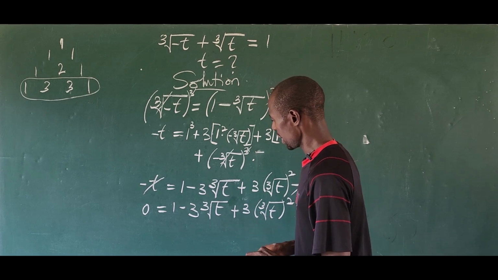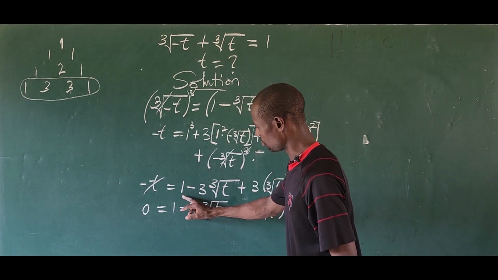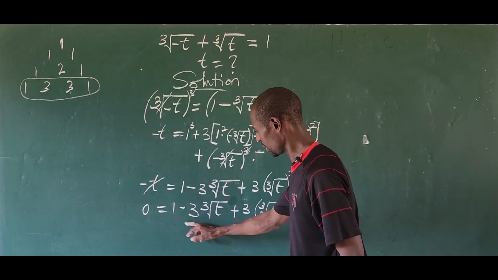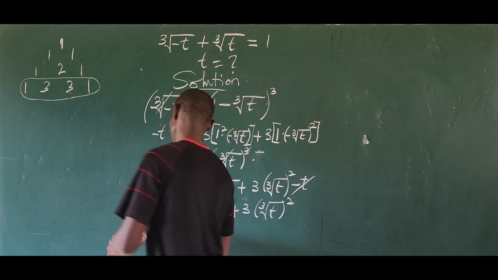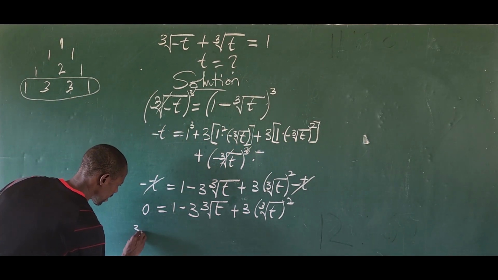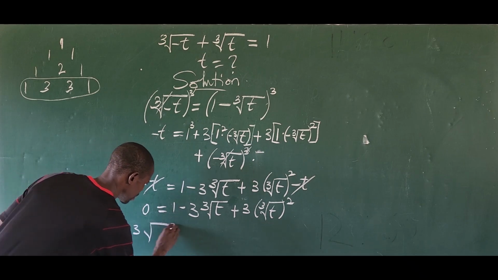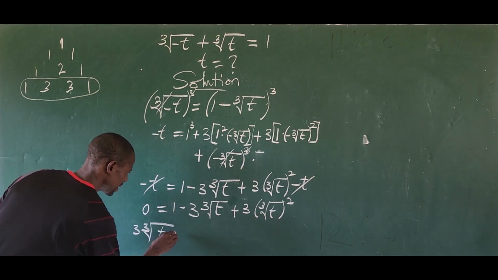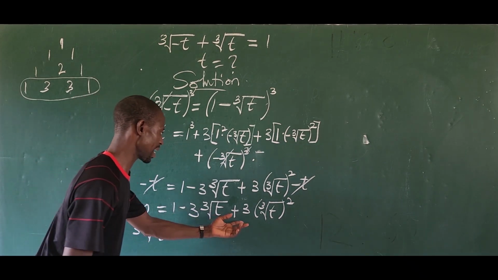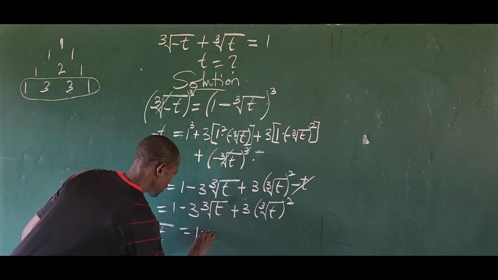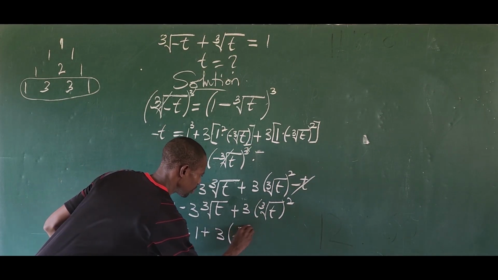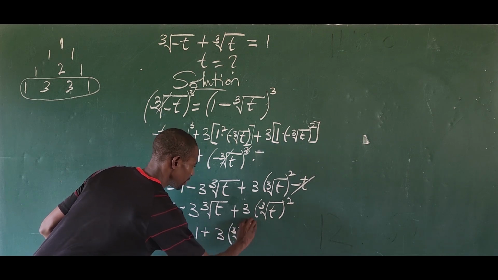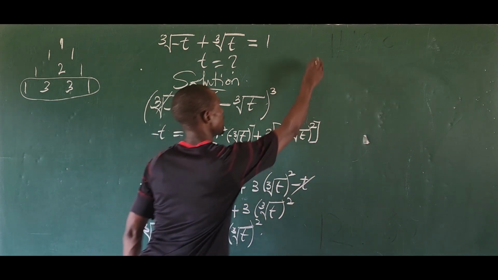We want to, again, move this quantity here, only this quantity with a sign, to this side of the equation. So let's move this here. This is going to give us 3 into the cube root of t. This is equal to, on this side, we are now left with 1, then plus 3 into the cube root of t all raised to power 2. Let's continue here.